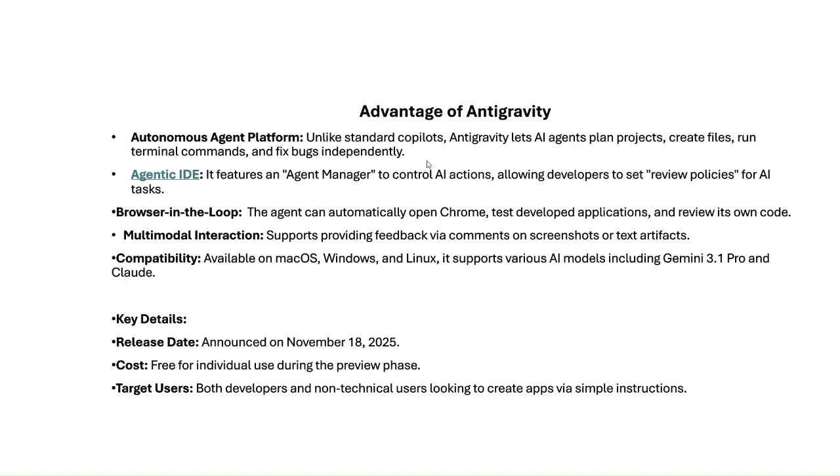Then another thing is it has an agent manager in it, which helps to control AI actions and allows developers to set and review policies for AI tasks. Also, in the course of testing your application, it can actually connect with Chrome and test the application. Maybe it requires you to input some values in order to see how the application works. It can do that automatically, linking with Chrome.